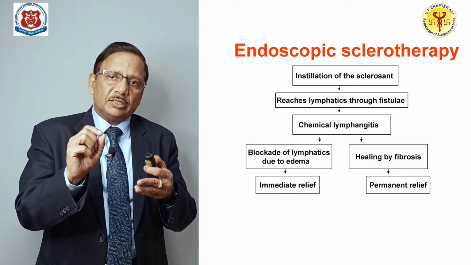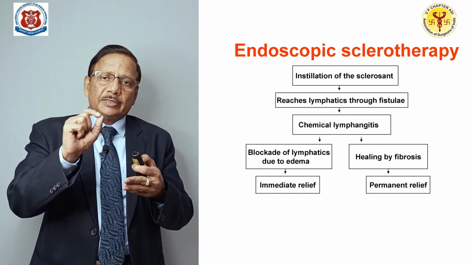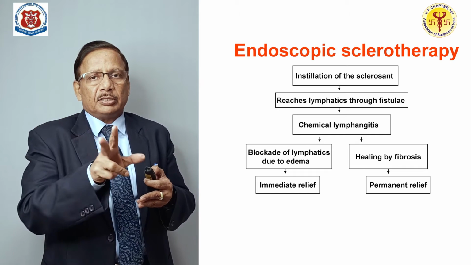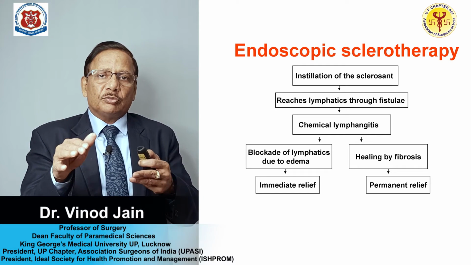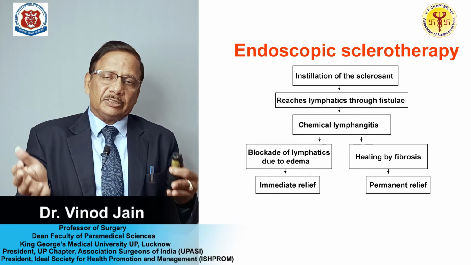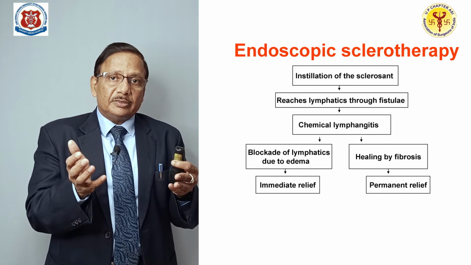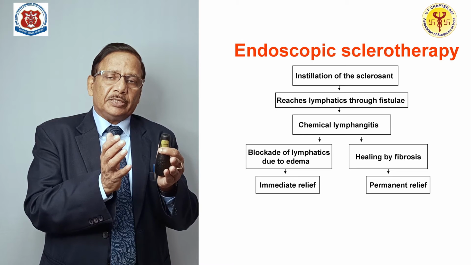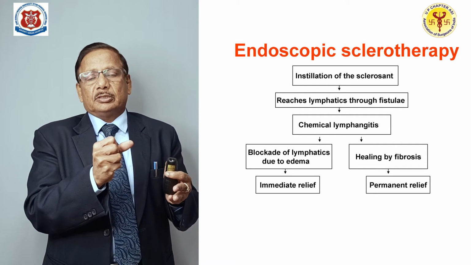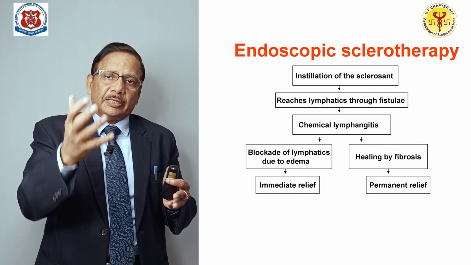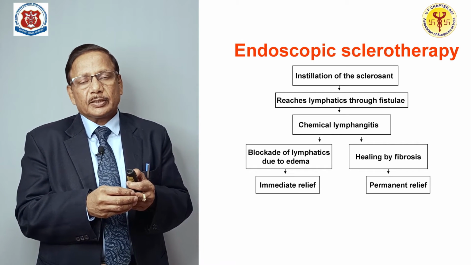Once you have instilled this sclerosing agent, it goes through the fistulous connection to the lymphatics. As soon as it goes there, it causes chemical lymphangitis. Chemical lymphangitis causes edema of the mucosa, and the mucosal edema blocks the channel, and there is immediate relief. In the morning you have instilled, and in the evening you will see the urine is clear.